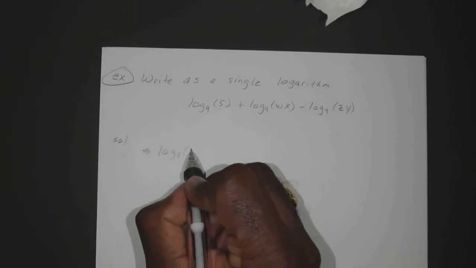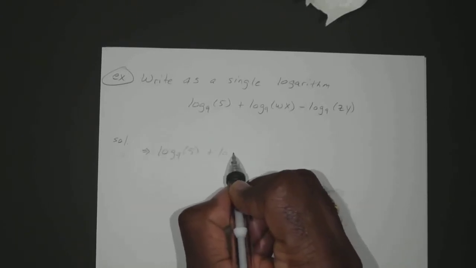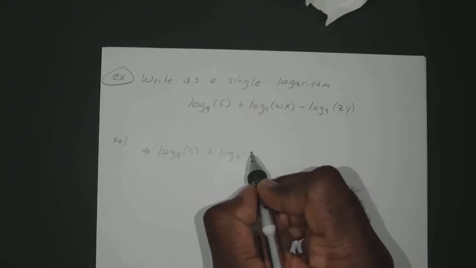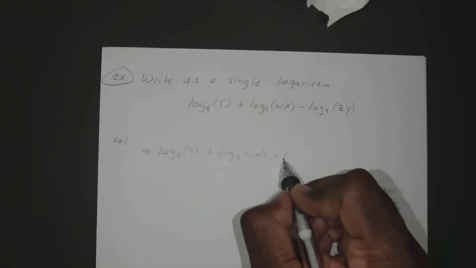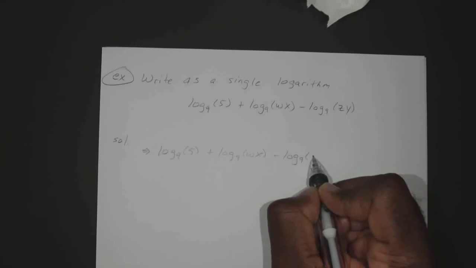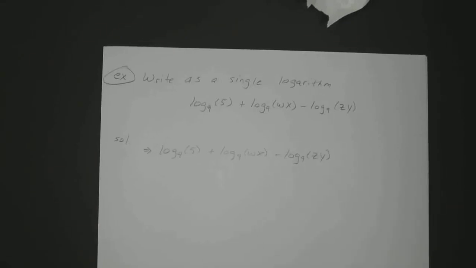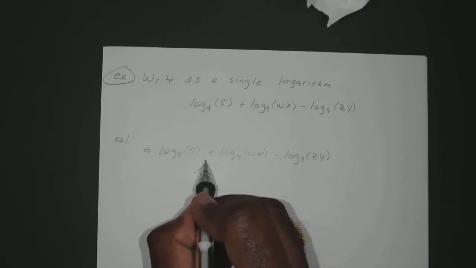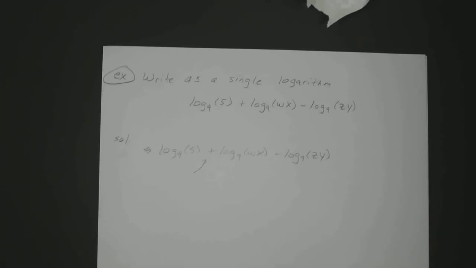So log base 9 of 5 plus log base 9 of w times x minus log base 9 of z times y. And remember, going left to right, you have a plus sign, so you know you're going to have your product rule.